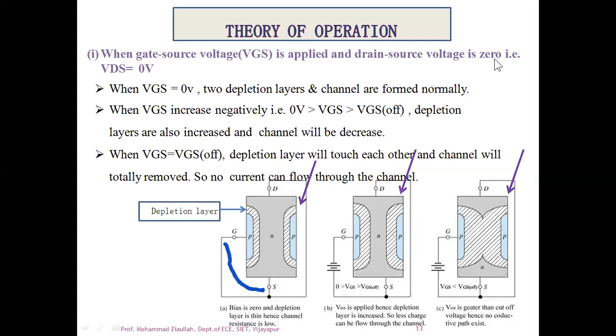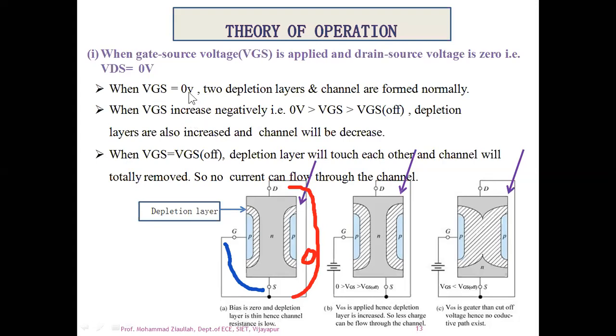The voltage which is applied here is kept as 0, so we will not be applying any voltage. So when VGS is 0, I don't apply any voltage. A battery connection can be made, but let us make the voltage equal to 0.